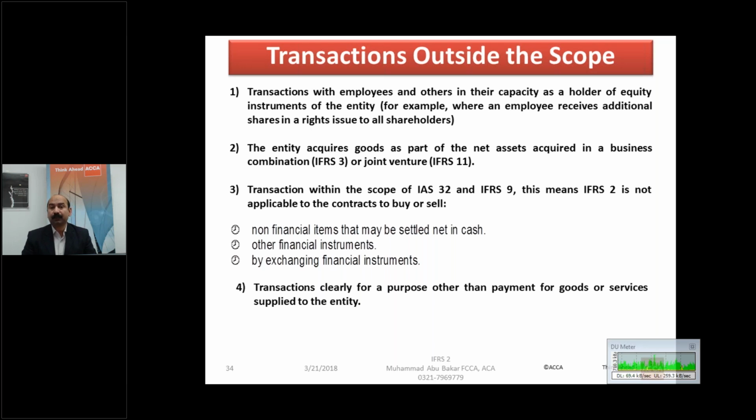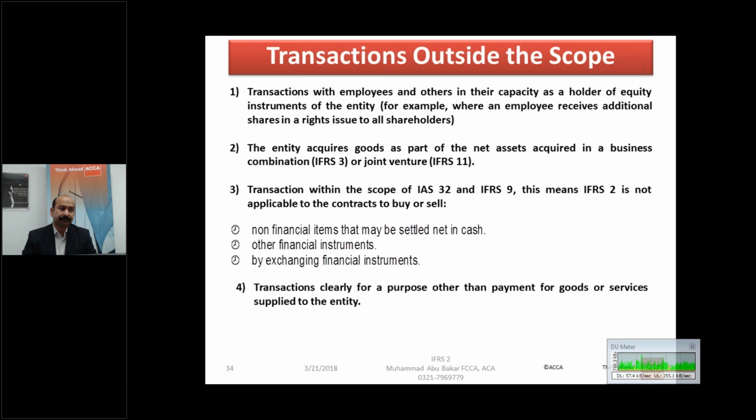If he is a supplier, then that employee is providing the goods as well. So in either case, whether the other party is an employee or other than an employee, and you are issuing the share to that party, make sure that it is being issued against the supply of goods or services. Otherwise, I hope it should be clear.